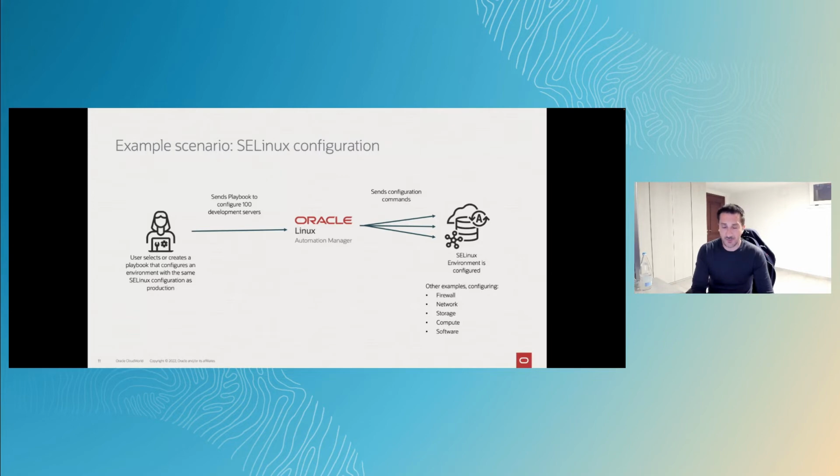This kind of thing is going to be managed by Oracle Linux Automation Manager, that we send the configuration commands on all of those development servers. And this is a very quick example, because I also have the opportunity, for example, let's say that I would like to disable SELinux on development environments and enable the same on production environment.